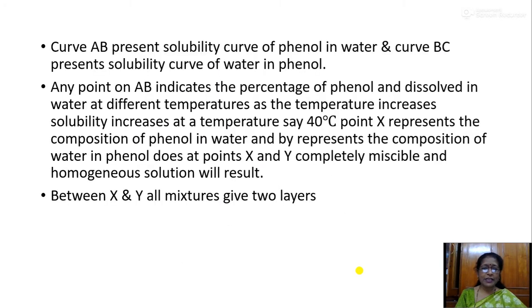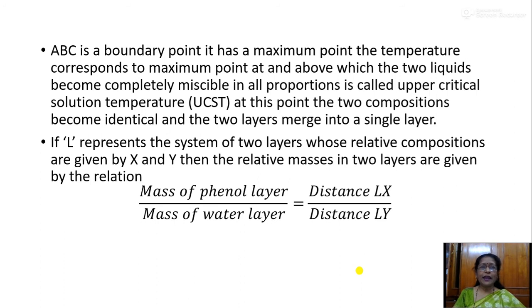The curve ABC, a parabola-like curve, is a boundary. It has a maximum point. The temperature corresponding to the maximum point, above which the two liquids become completely miscible in all proportions, is called the upper critical solution temperature, UCST.